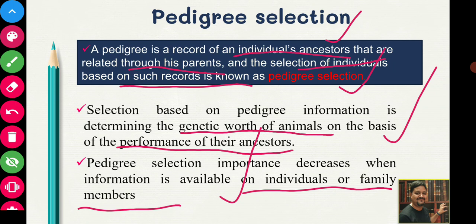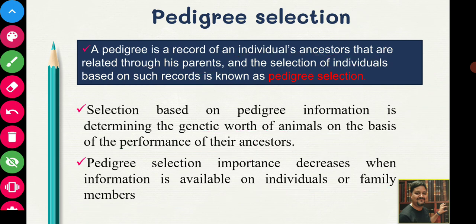So in each generation there is halving of genes. That is why, if information is available on the individual or its family members, pedigree is not of much use. But there are situations where there is no information on the individual or its family members. In that case, we go for pedigree selection.